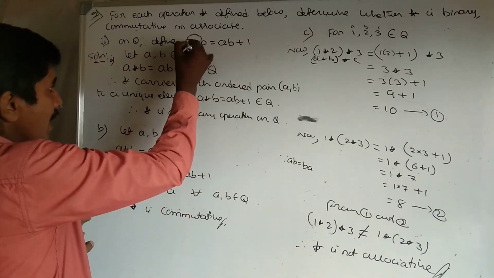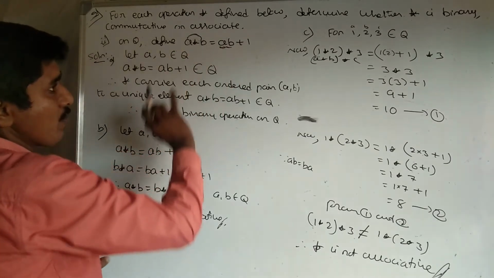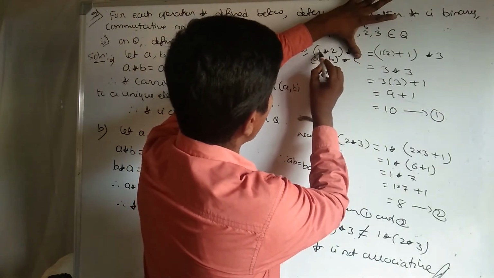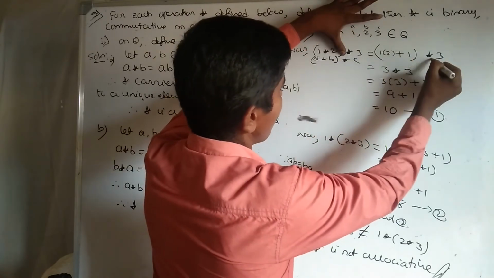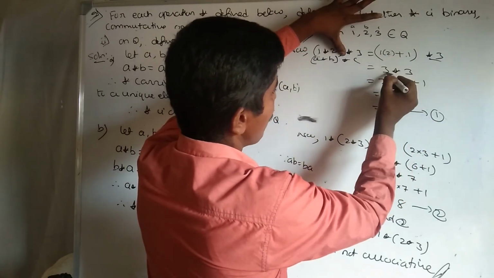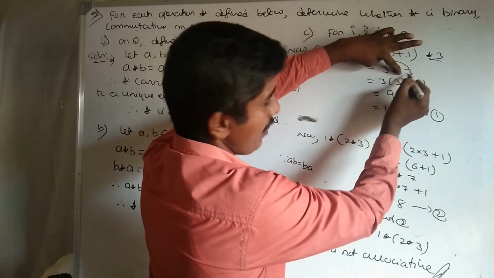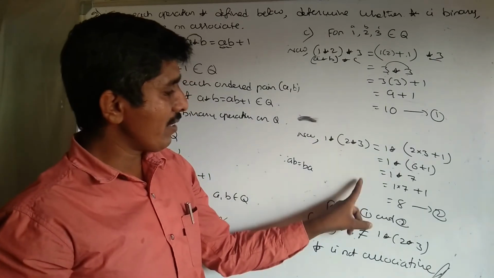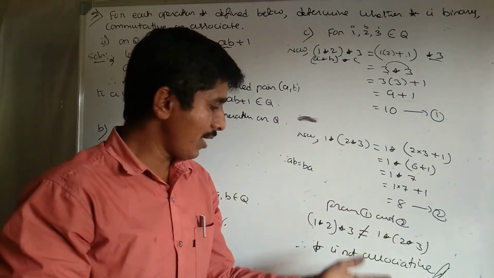Within the bracket, A star B is 1 into 2 plus 1, which is 3. Then 3 star 3 is 3 into 3 plus 1. Simplify, we get 10. Similarly, simplify the other side, we get 8, from 1 and 2. Clearly, it is not associative.